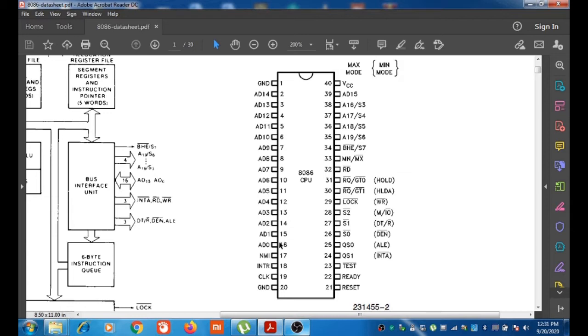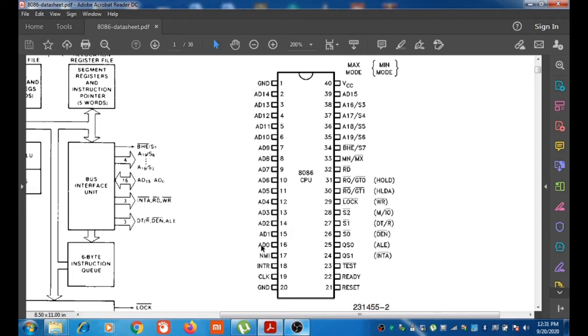Then you can see pin number 16, it is AD0, AD1, AD2, AD3, up to AD14, AD15. These are the multiplexed lines. Address and data are multiplexed.